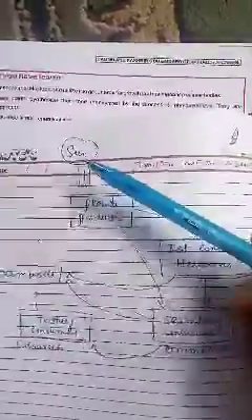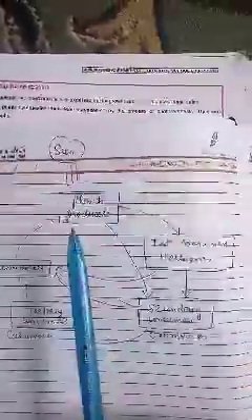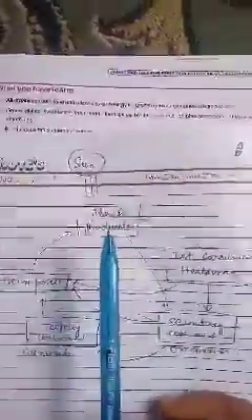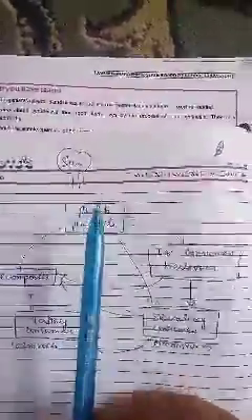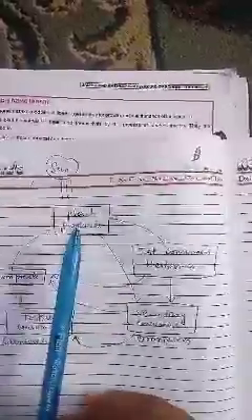This solar energy is converted by plants into chemical energy. They synthesize food out of this solar energy. So these plants are producers because they produce food by the process of photosynthesis. These plants are consumed by first consumers, which we call herbivores.